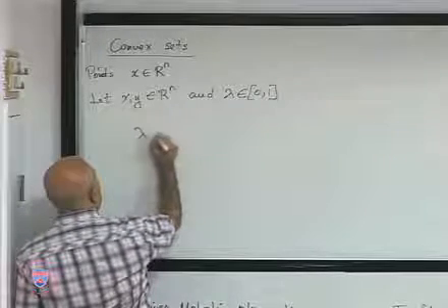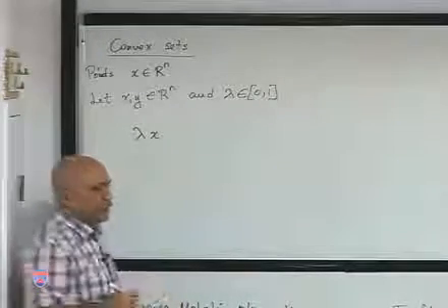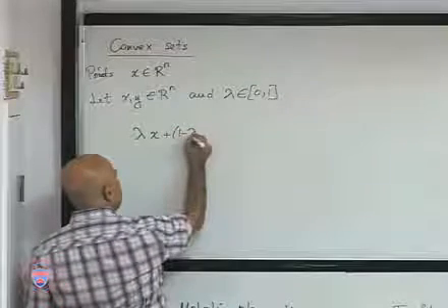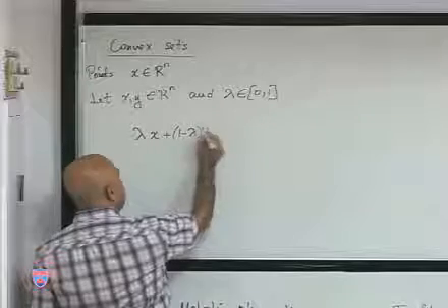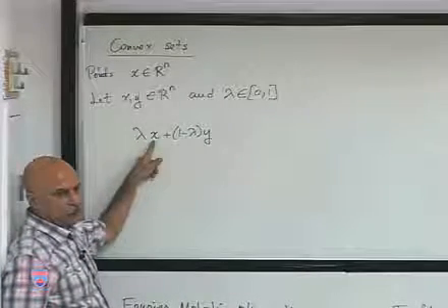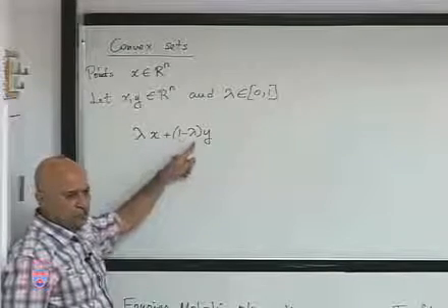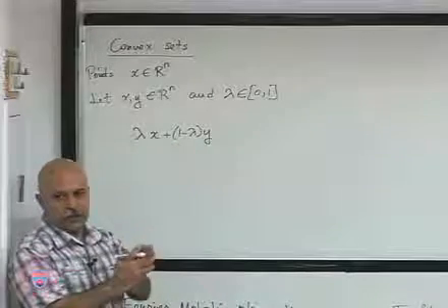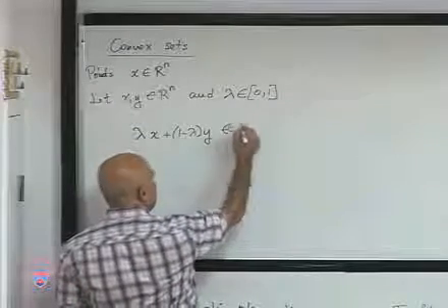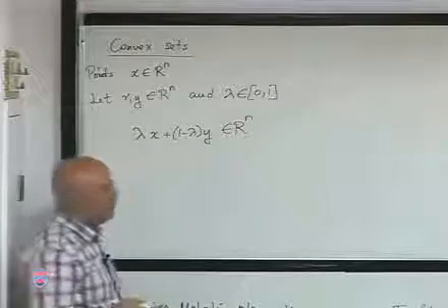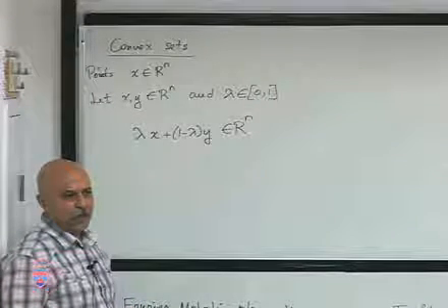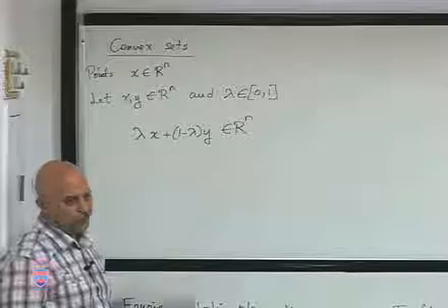If you take the first one, multiply it with lambda, and take the second one, multiply it with 1 minus lambda, you're adding a scalar multiple of the first vector to a scalar multiple of the second vector, so the addition gives you another vector. That will be a point in Rn. And that's called a convex combination of x and y with weight lambda.